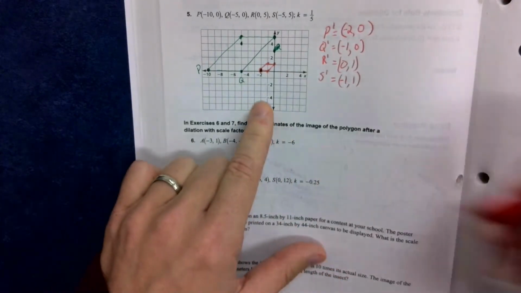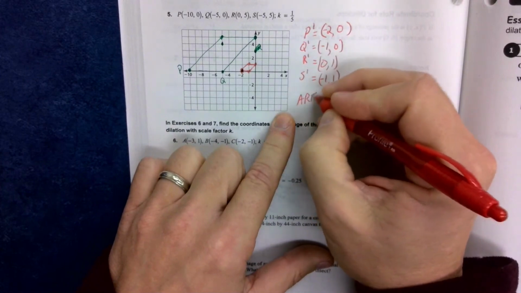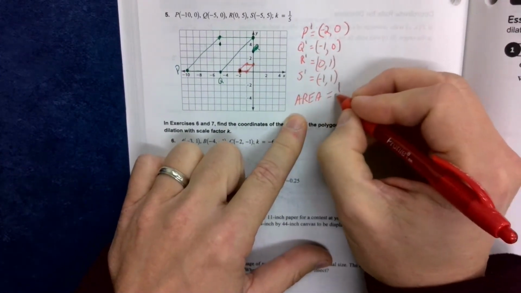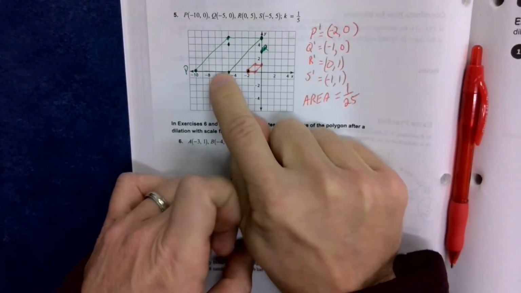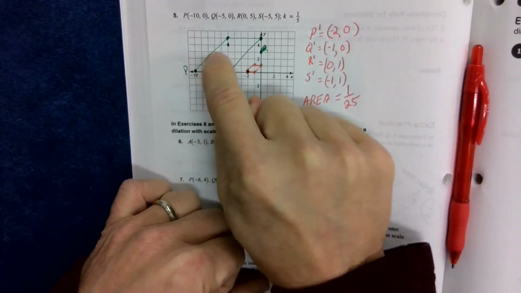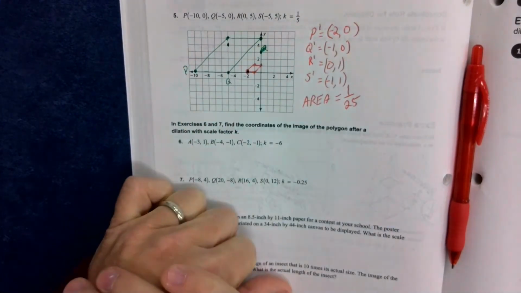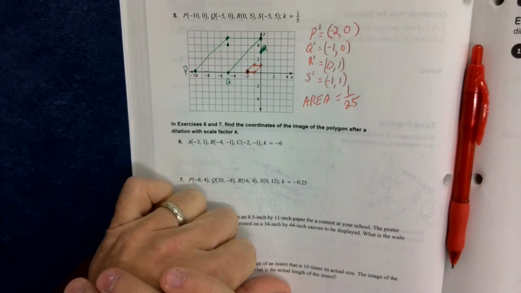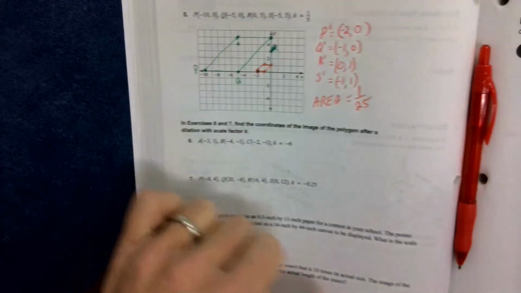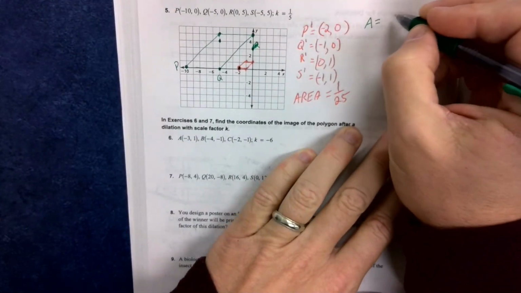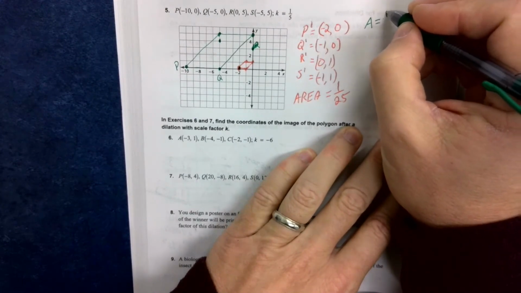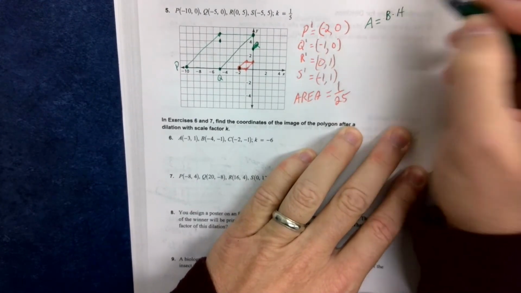But again, its area is 1/25 of the green one, which means we could take 25 of these little red things right here and put it in here over and over again, 25 times, to fill up the entire big space of that parallelogram. Okay? To do a quick little formula for you, area formula for a parallelogram is base times height.